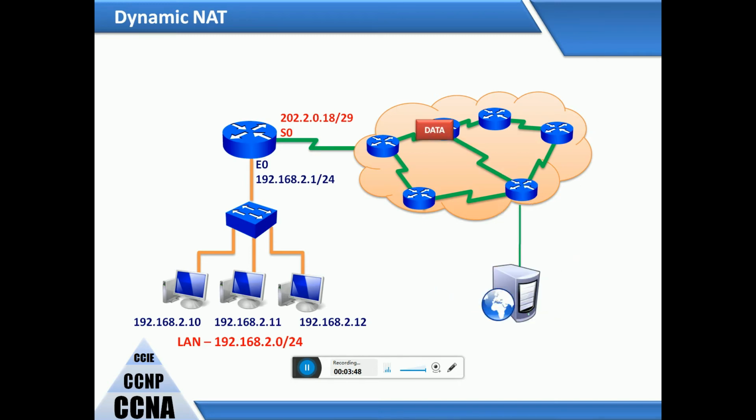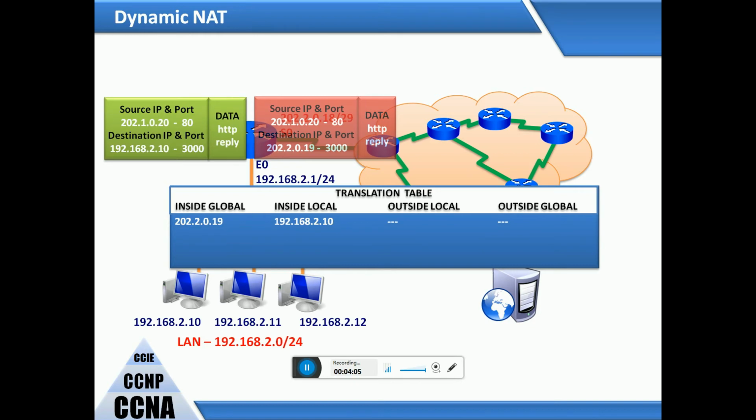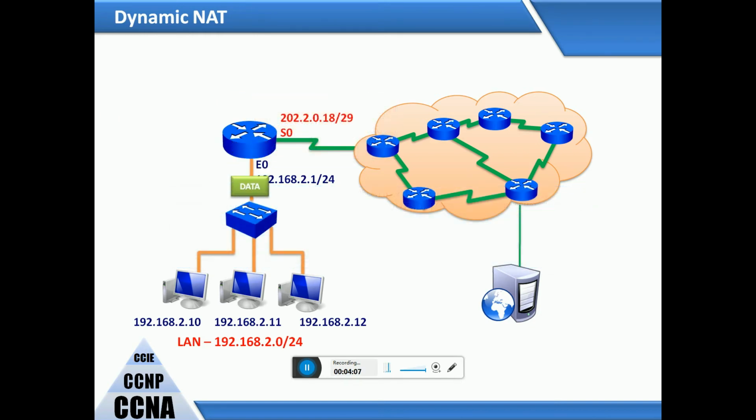After the destination, the data comes back to the switch. The inside global is 202.0.1.19 and the inside local IP address is 192.168.2.10. The data is transferred through the router to the switch and client.